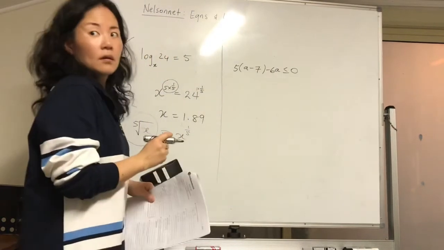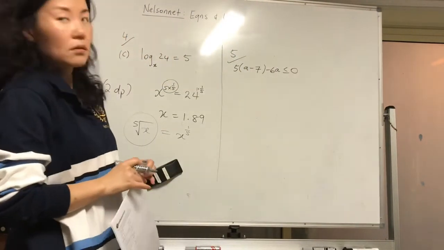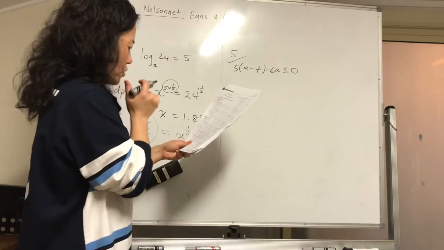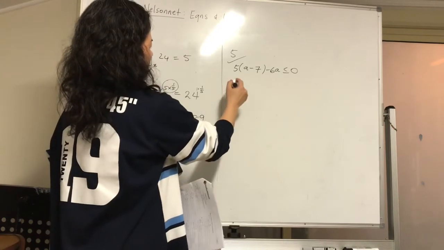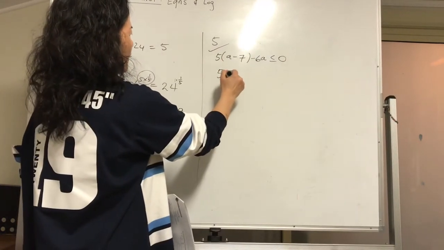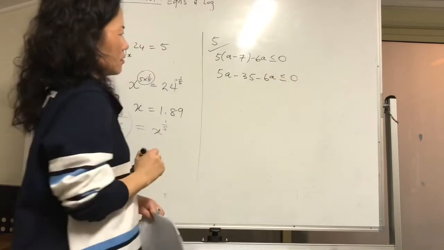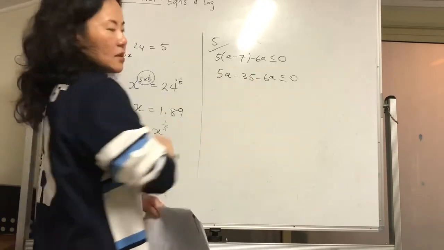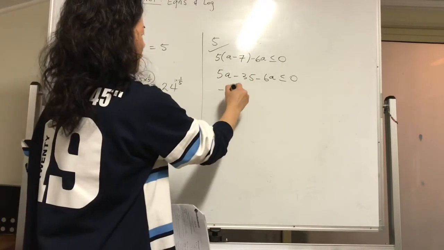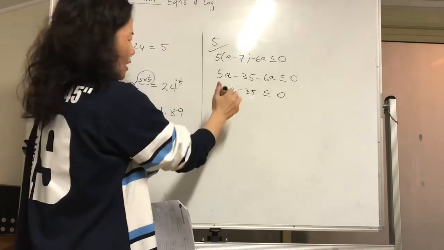Which question is this? Well, let's just say 5. Yeah, it was 27. So if you do that, let's do it together. 5a, 35 minus 6a, that's equal to 0. So 5a take away 6a, what's that? Negative a. 35. Now, maybe we'll get rid of the negatives.